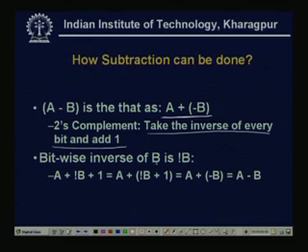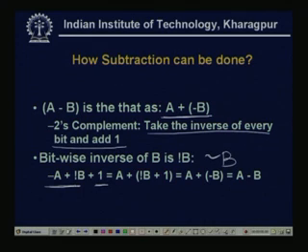So, the bitwise inverse of b, which in the earlier example we denoted as negation of b or b complemented, and then a minus b means a plus negation of b plus 1, because inverse of every bit and add 1 means the 2's complement.